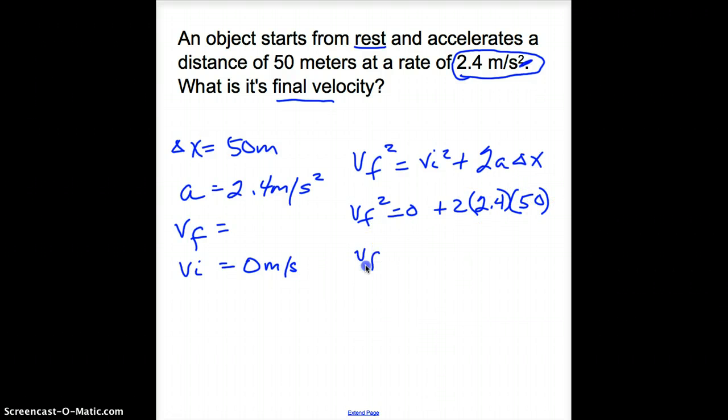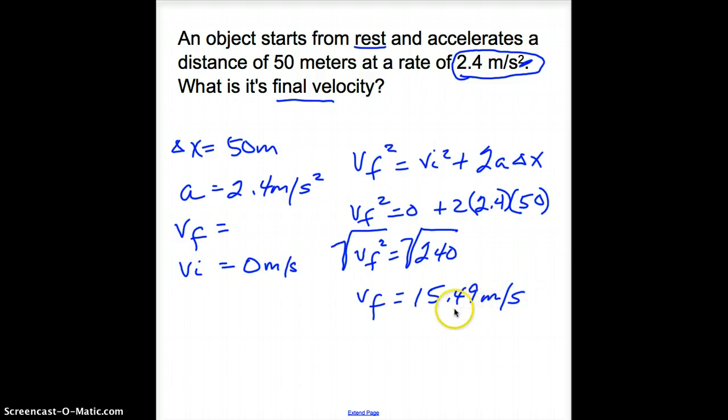So Vf squared is going to be equal to 240. There's the square. So now I need to get rid of the square. So I'm going to square root both sides. And that's going to give me final velocity equal to 15.49 meters per second. We're rounding off to 2 decimal places whenever possible.